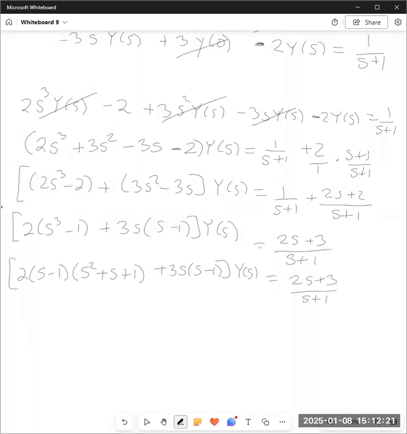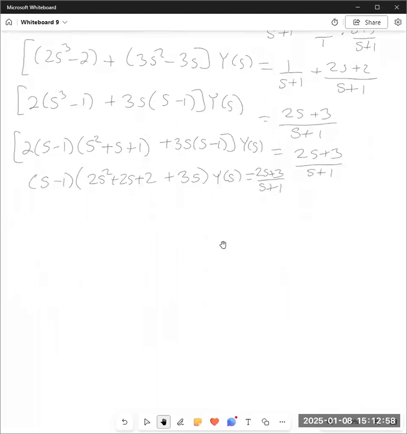So this is s minus 1 times 2 times s squared plus s plus 1. Actually, let's put this all together. 2s squared plus 2s plus 2, and then plus 3s capital Y of s is equal to 2s plus 3 over s plus 1.